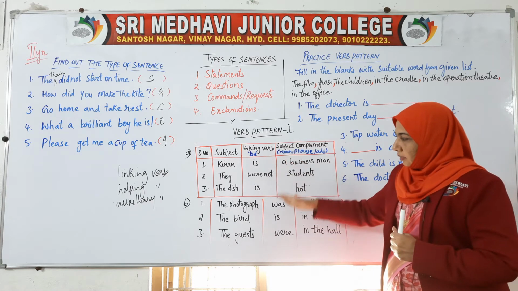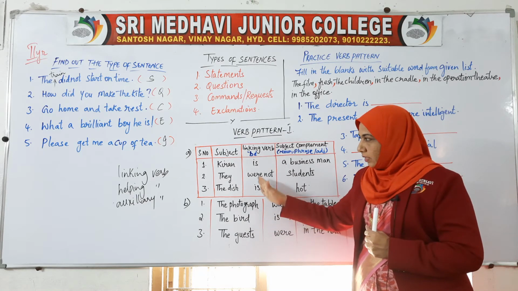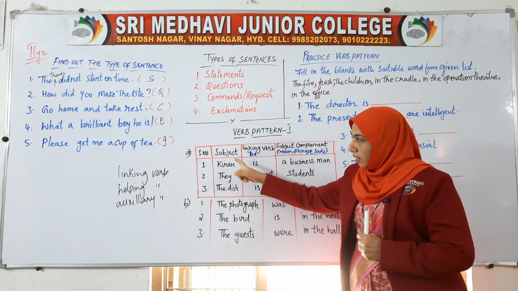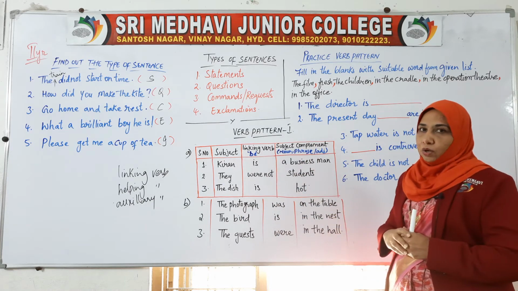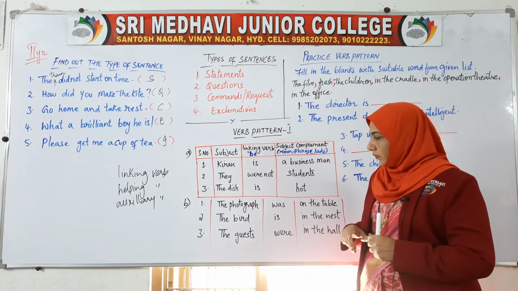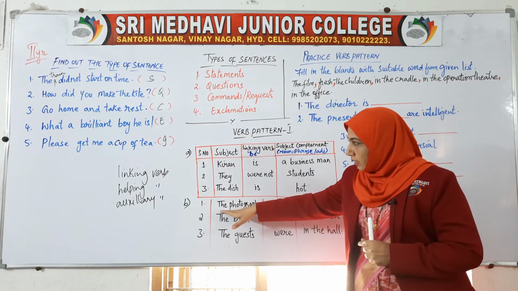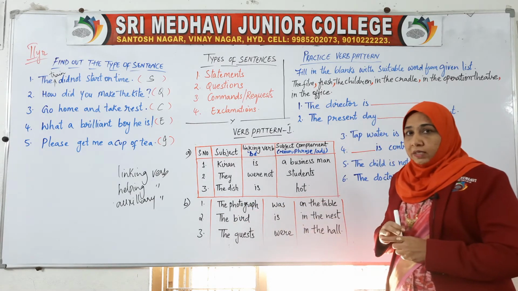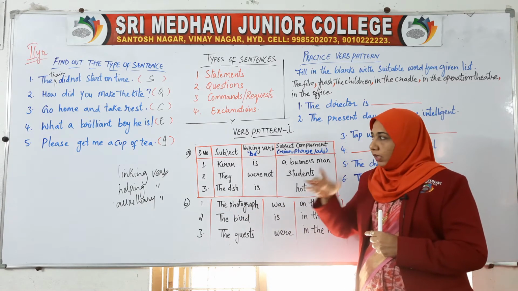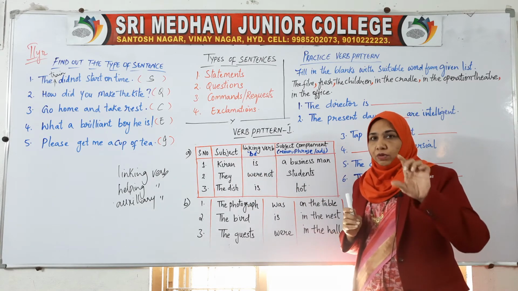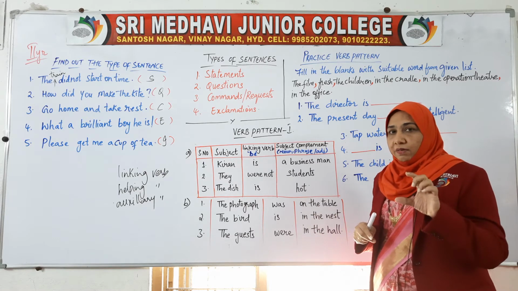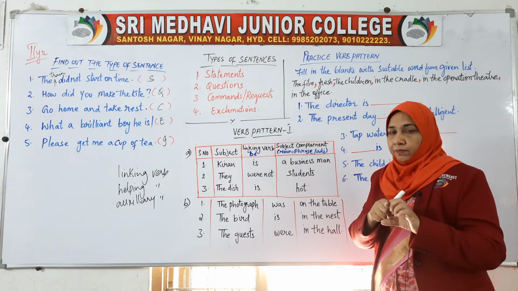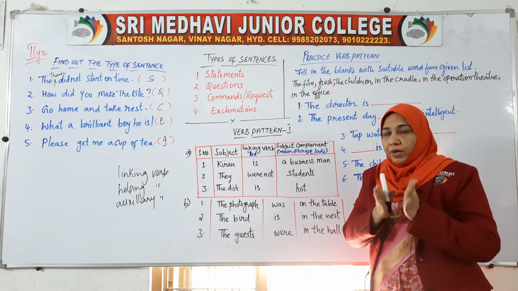Now this is the second practice for the same verb pattern, where we have the subject, the linking verb and the subject complement. So here the subject is the photograph. Sometimes we get an idea with only one word as the subject, like Kiran or they. Here they are clarifying that the subject is the one about whom we discuss, the main topic of the sentence.